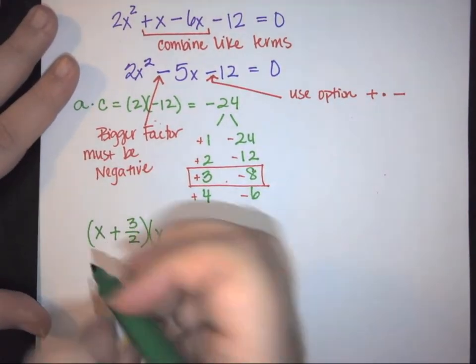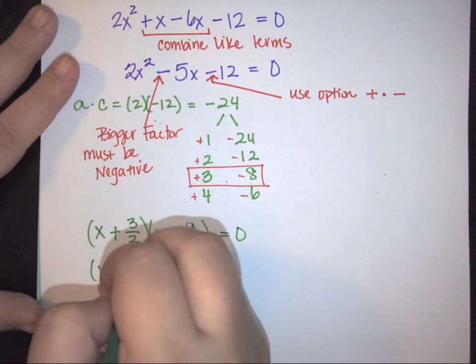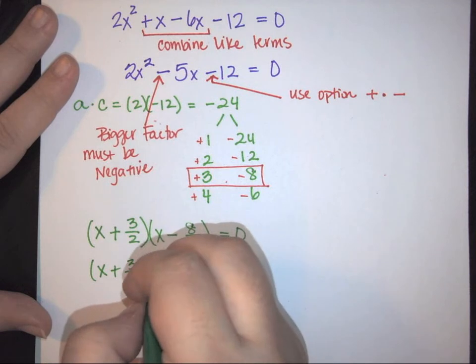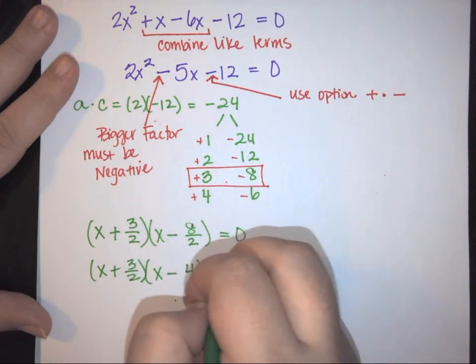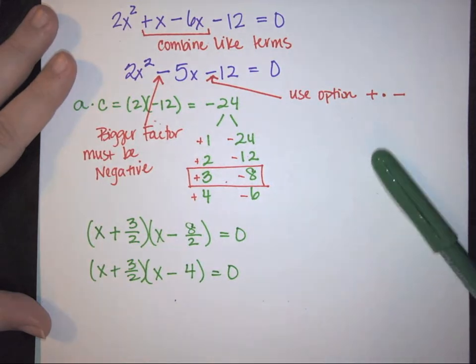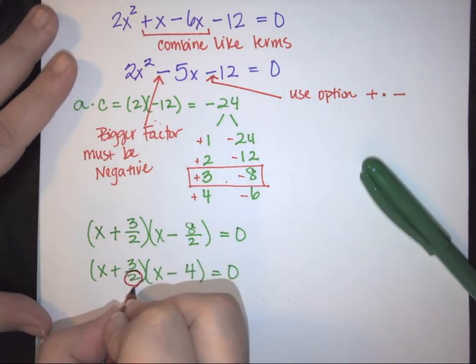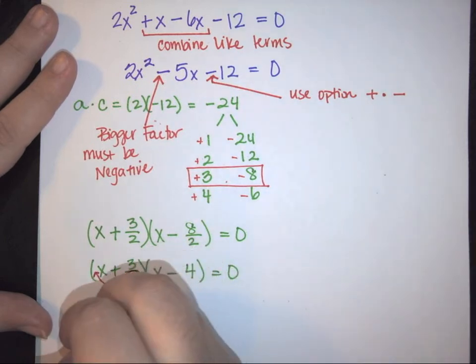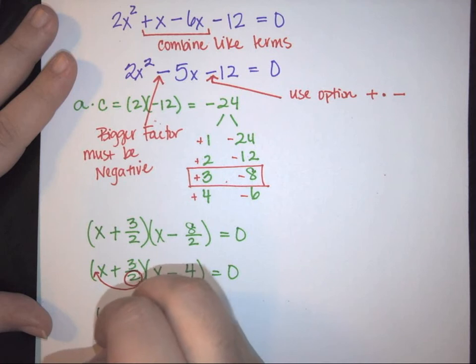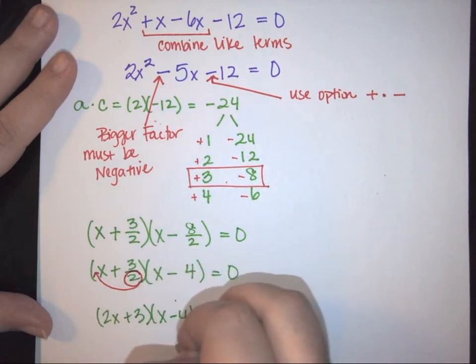This first fraction does not reduce, so this just carries through, which is 3/2. But in the second one, it does reduce. 8 over 2 becomes a 4. And then the last thing to remember is that any denominators that are still left over have to shift up and become partners to your numerator. So this becomes 2x plus 3 times x minus 4 gives me that 0.